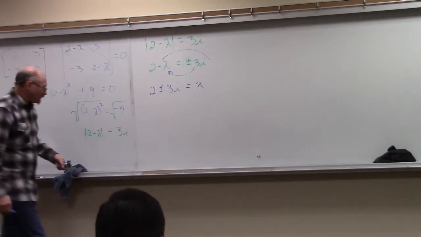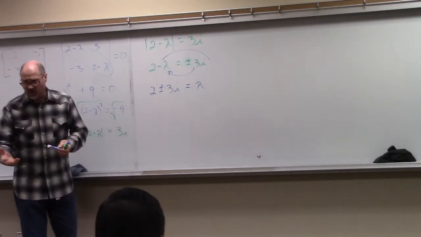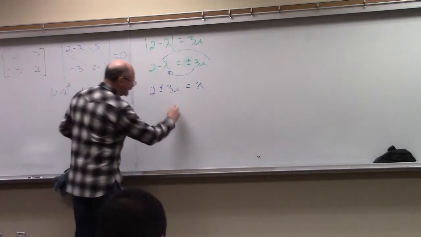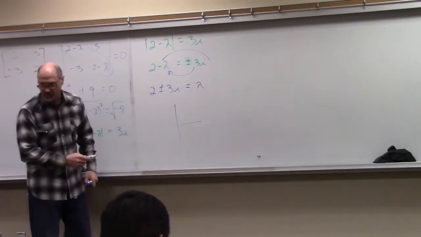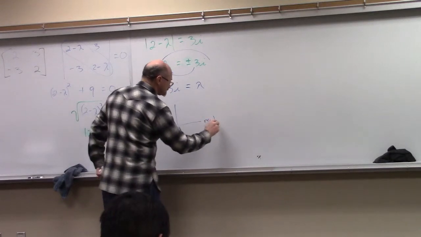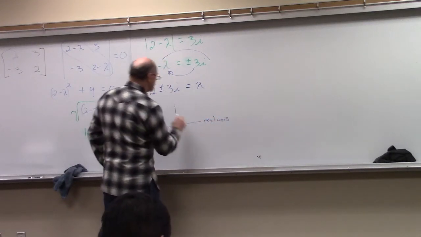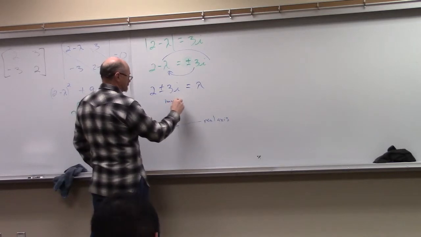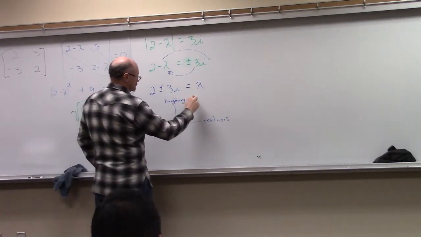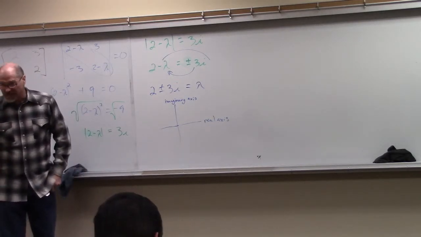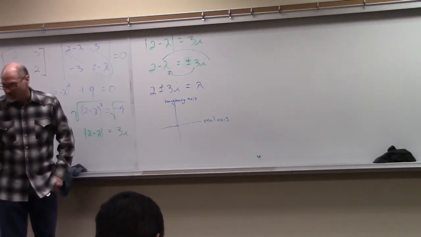Well, have you graphed anything on the complex plane before? Did you do that a little bit ever? So to graph complex numbers, you have what's called the real axis, and you have the imaginary axis. It's very simple. It's just kind of like when you graph a vector.